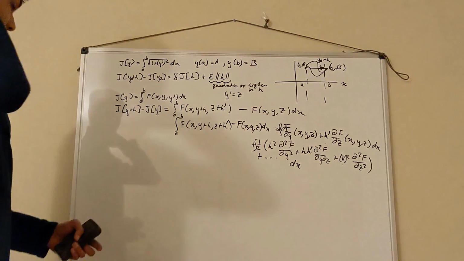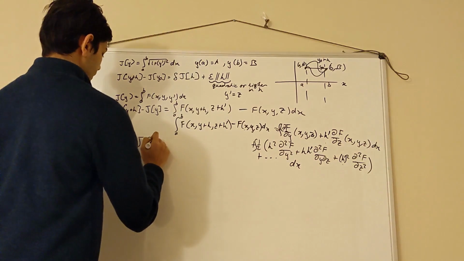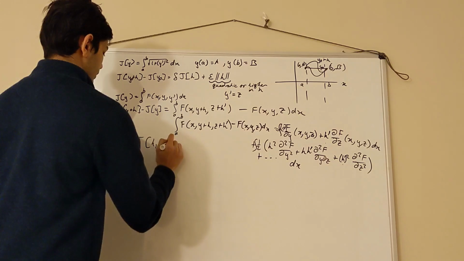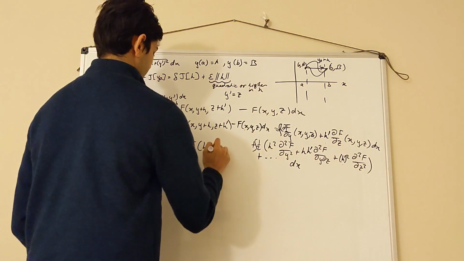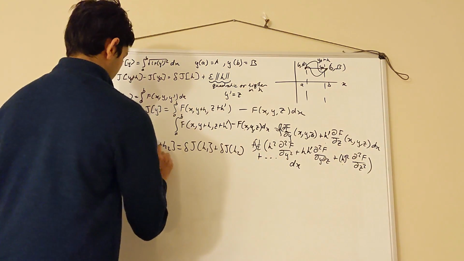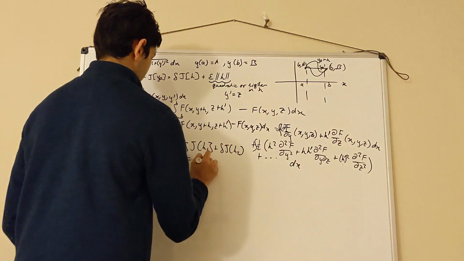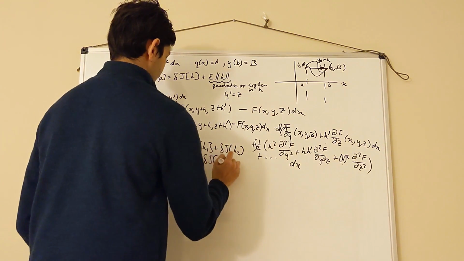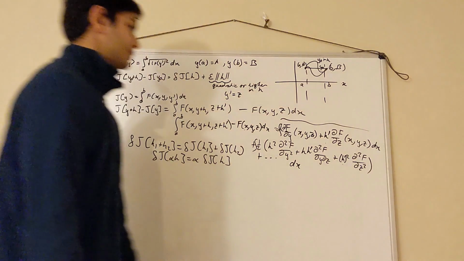So from the conditions that delta j of h1 plus h2 equals delta j of h1 plus delta j of h2, and delta j of alpha h is equal to alpha delta j of h, you can check that this first integral satisfies both of those.